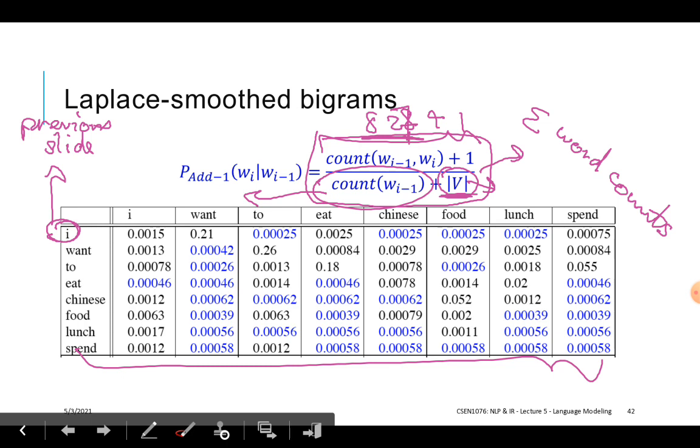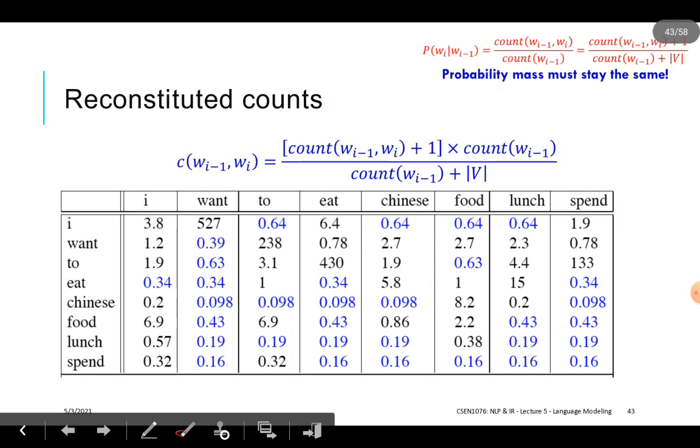The thing that you will have to do next is restore the counts after the smoothing. So here is the probability of the bigram given the previous word. Here is the probability of the bigram plus 1 given the previous word count plus the vocabulary. These two probabilities have to be the same.